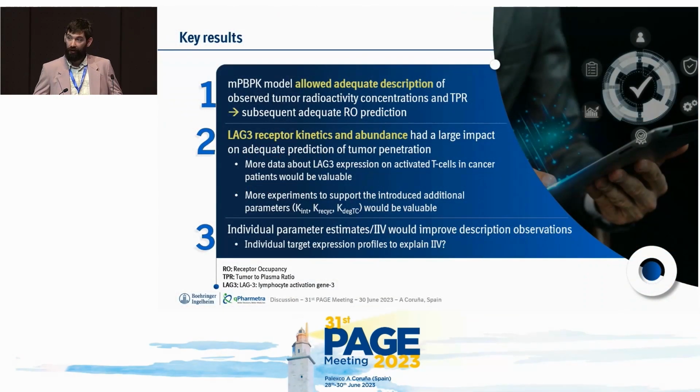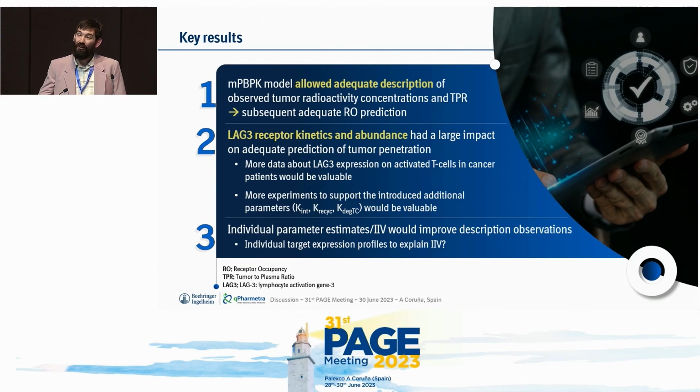So first of all, we think this minimal PBPK framework is really something that we could use to capitalize on these data early on in drug development in order to, at an early stage, predict receptor occupancy and in this way support dosing decisions for phase 2 and so on in the drug development of these monoclonal antibodies.